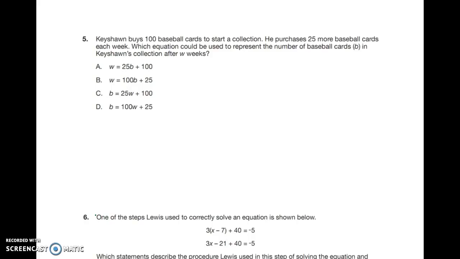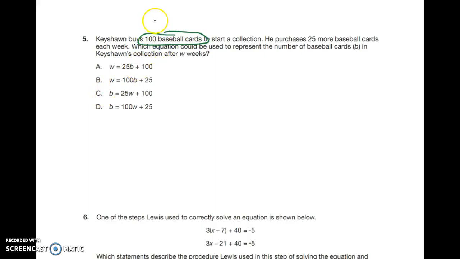Okay, so we've been talking about different linear equations. So you've got to figure out, is this standard form? Is this slope-intercept form? So what do we have? It looks to me like we have a starting point. That's our 100.